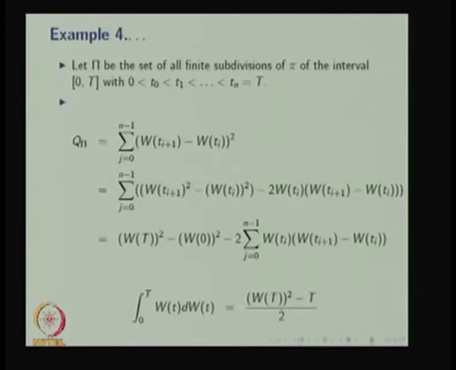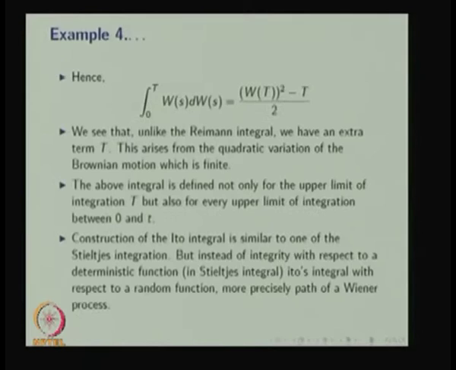So what I am going to do here: let Pi be the set of all finite subdivisions of the interval 0 to capital T. First we will find out what is the Q of Pi. That is different from what we want.